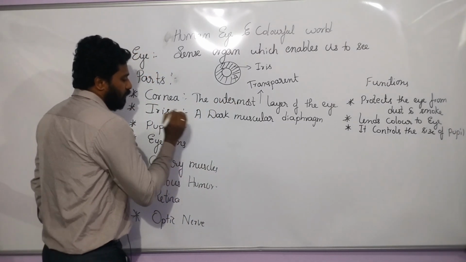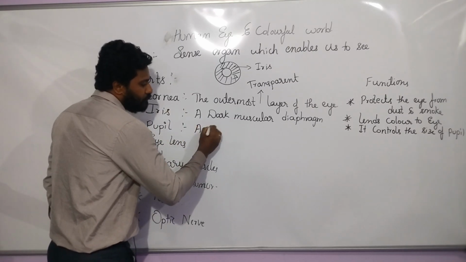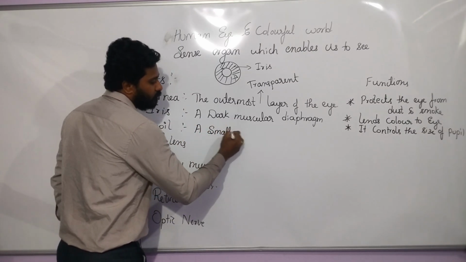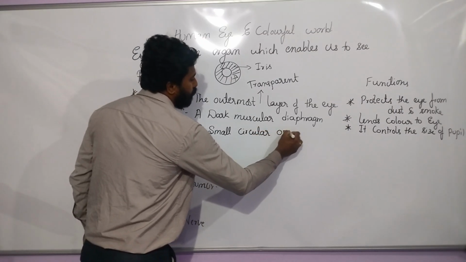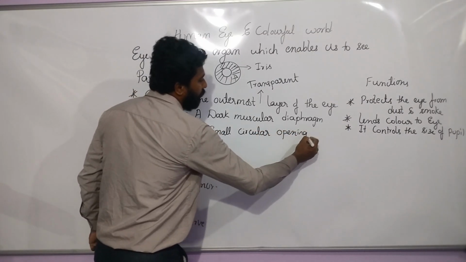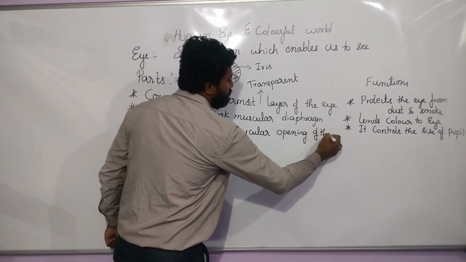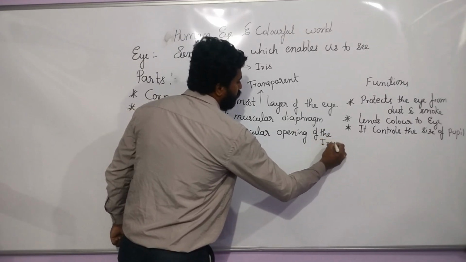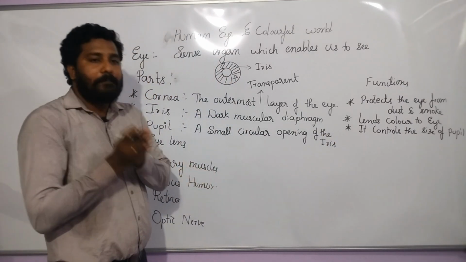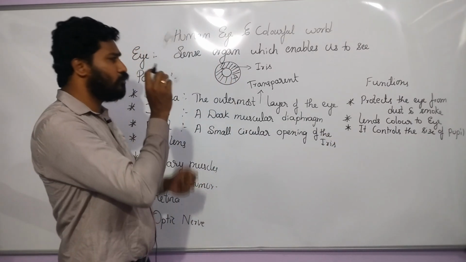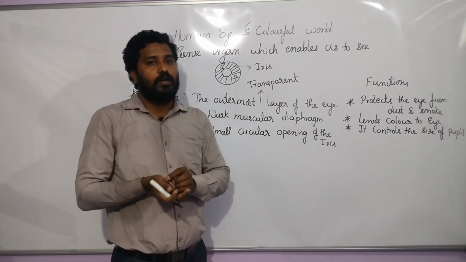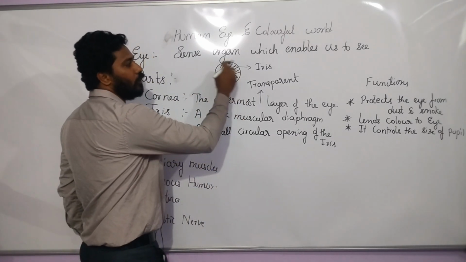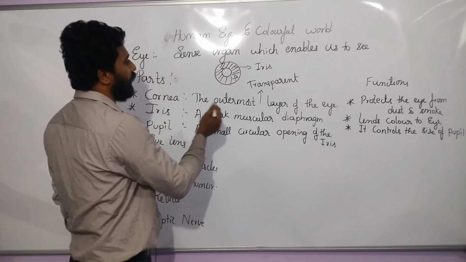Next, what is a pupil? A small circular opening of the iris. Whenever you see your friend's eye, you will see some blue color or, say, cat color eye.